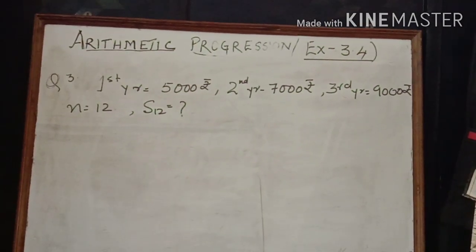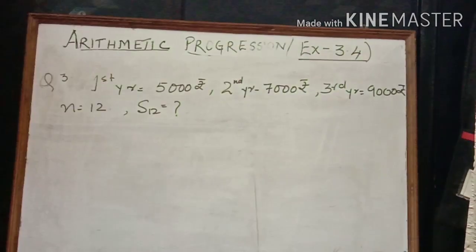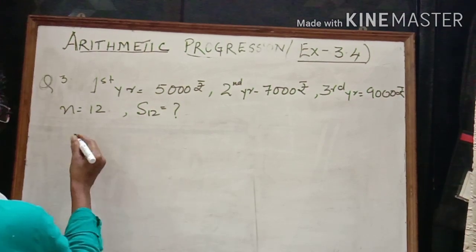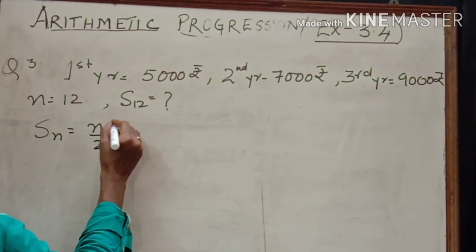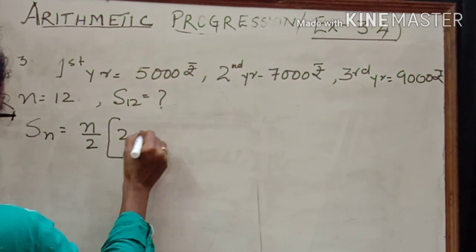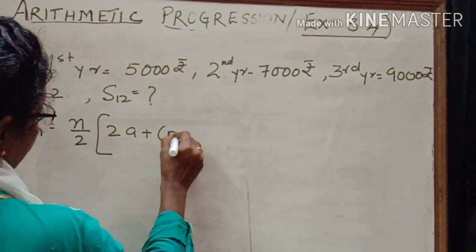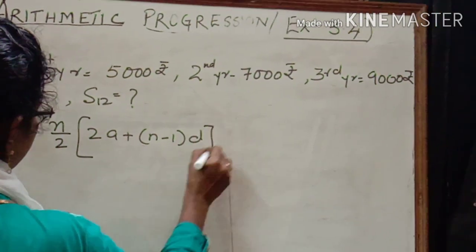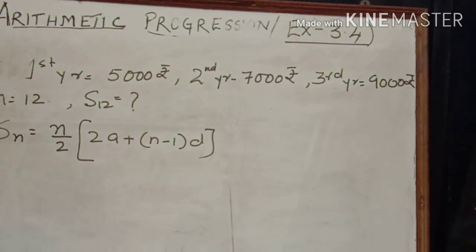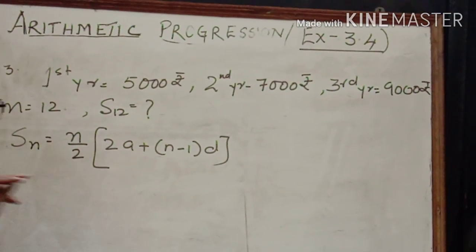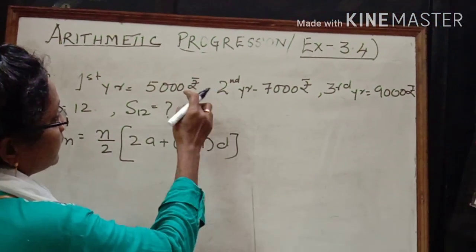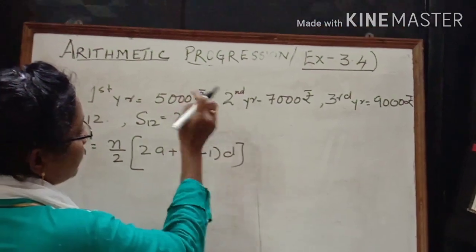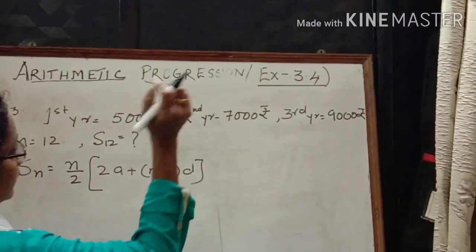So we'll put the value in the formula. Sn is equal to n upon 2 into 2a plus n minus 1 into d. Now, before doing that, why have we taken Sn is equal to n upon 2? Since it is in AP, that is the difference is 2000: 7000 minus 5000, 9000 minus 7000.